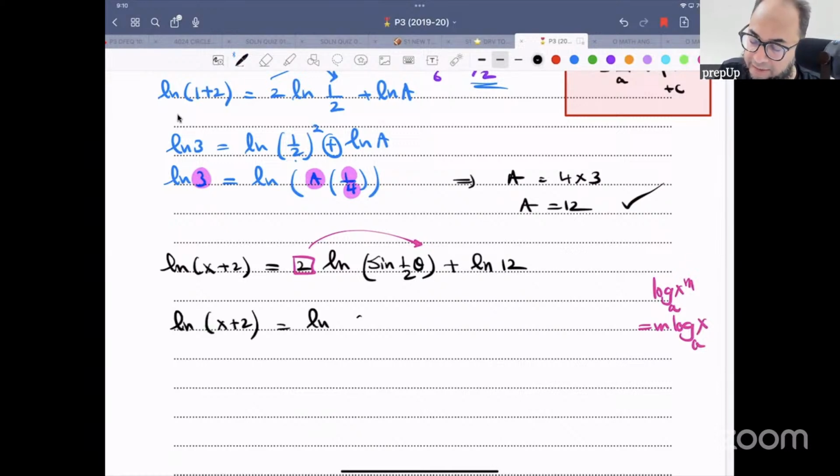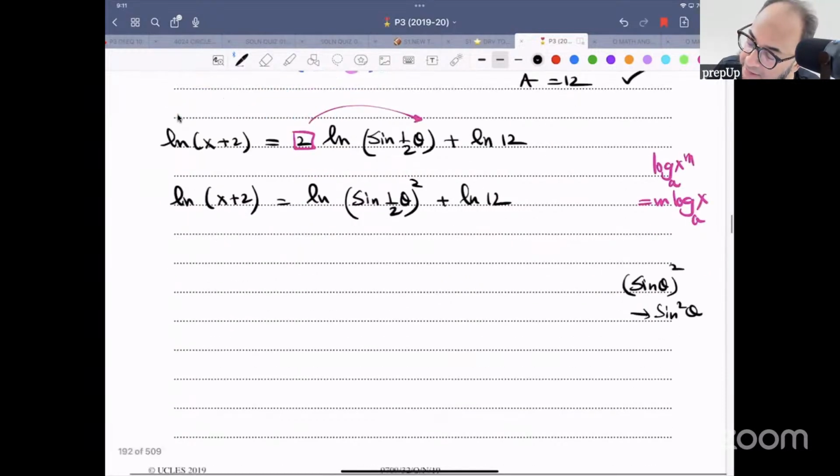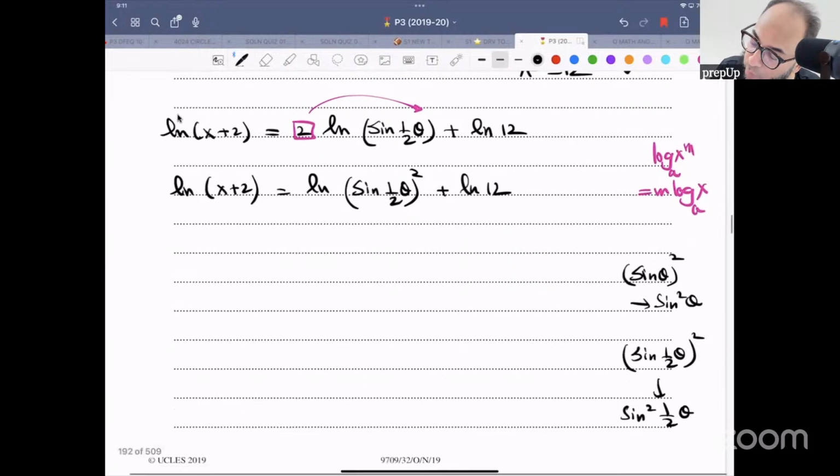This is ln sine half theta, the whole thing squared, plus ln of 12. That thing is all good, all clear? Now we know that sine theta, the whole thing squared, can be written as sine squared theta. Sine half theta, the whole thing squared, can be written as sine squared half theta.